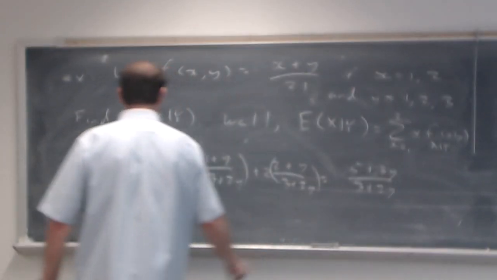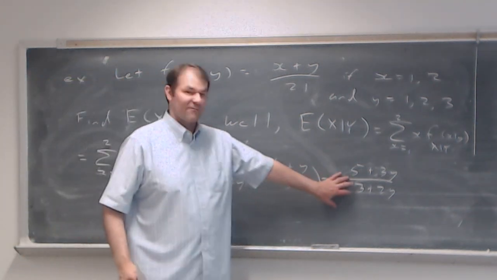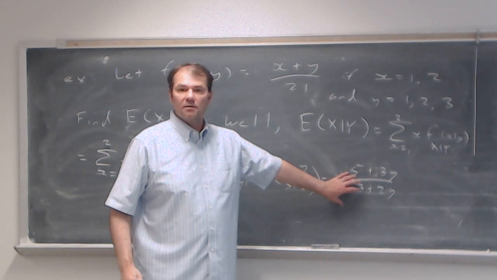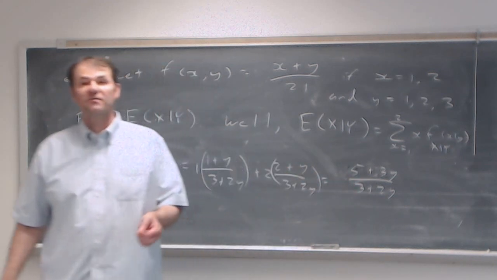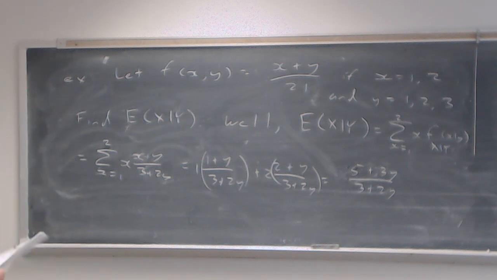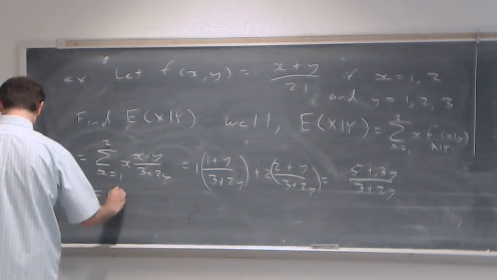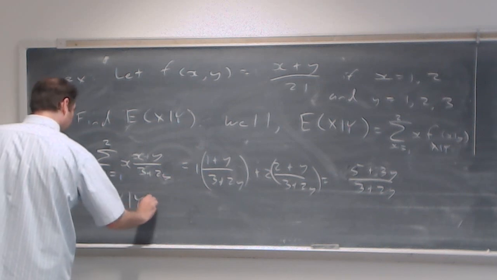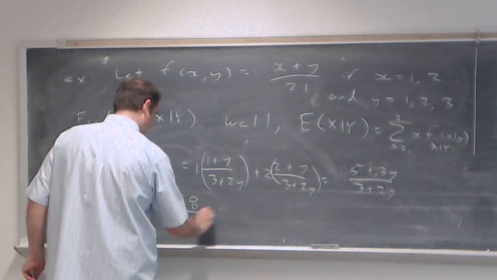And what I want you to notice is this expected value of x given y, really it's a function, it depends on y. We think of it as a random variable of y. Okay? That's what we think of it. So, just very quickly, the expected value of x given y equal to 1, just by letting y equal to 1, is 8 over 5.